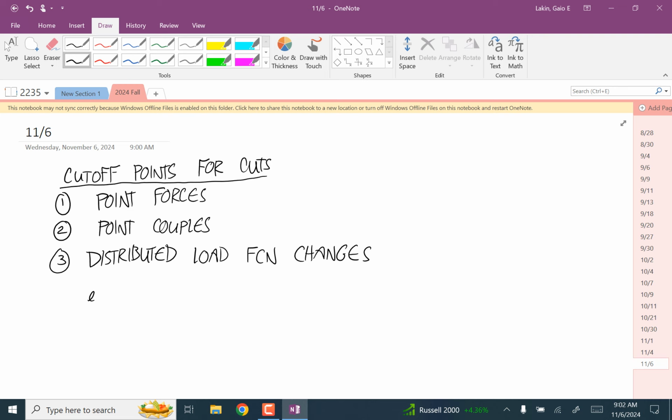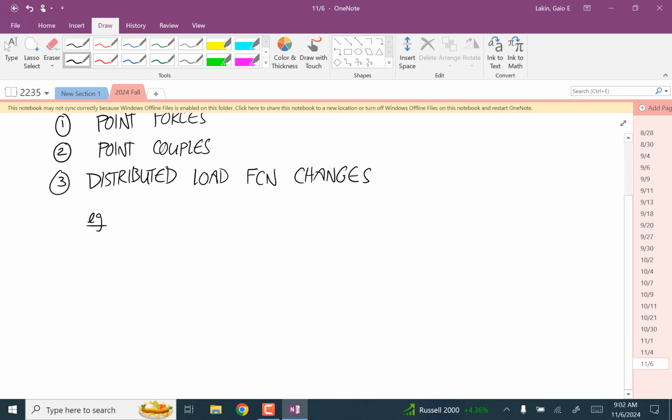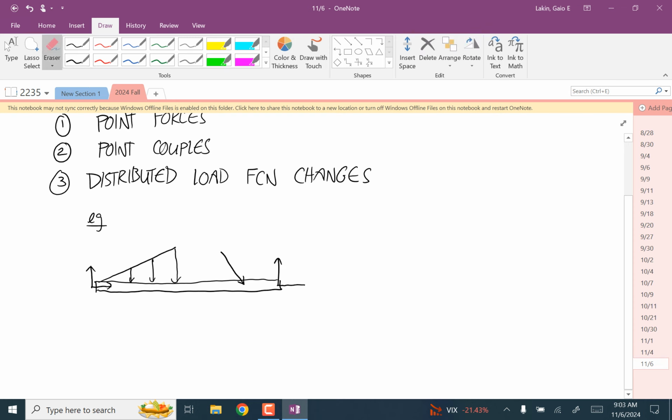And so, for example, let's say after you calculate your external loads, you have some force there, you have a distributed load function here, you have a point force here, and say you have another force there.